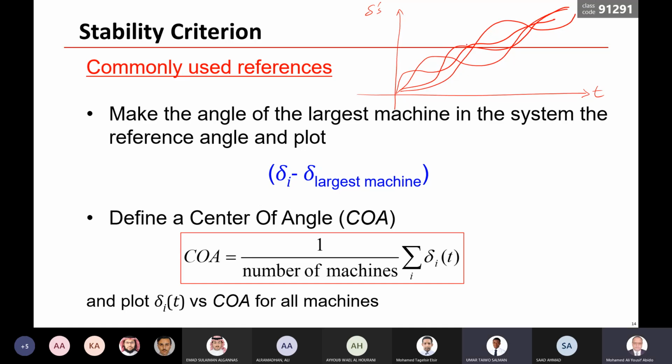What do you think? If you want to judge whether the system is stable or unstable, and these are the angles versus the time, is the system stable or unstable? The system is partially stable.